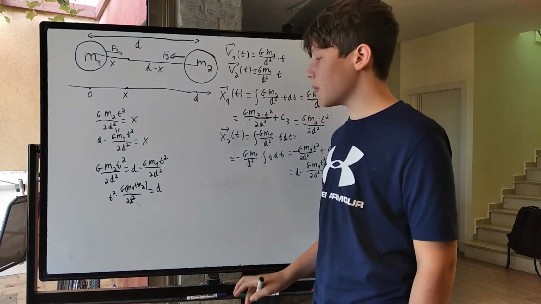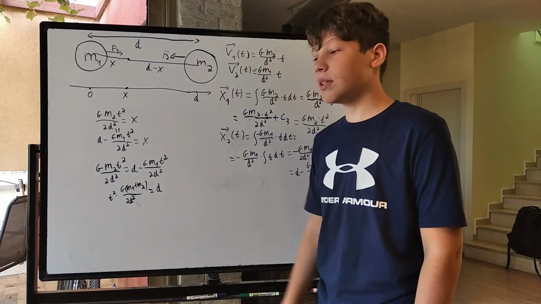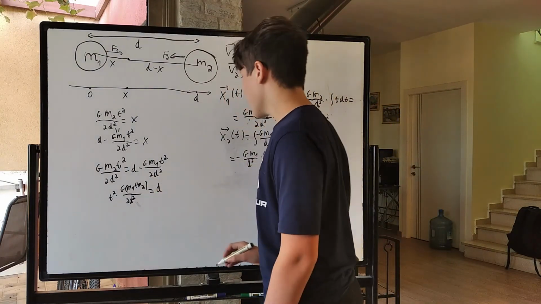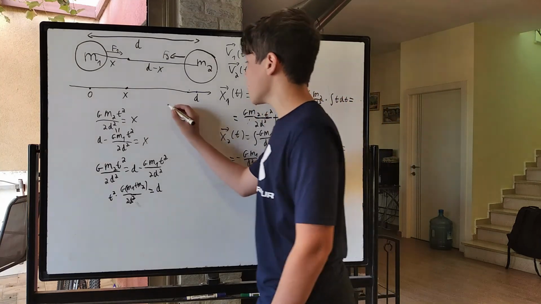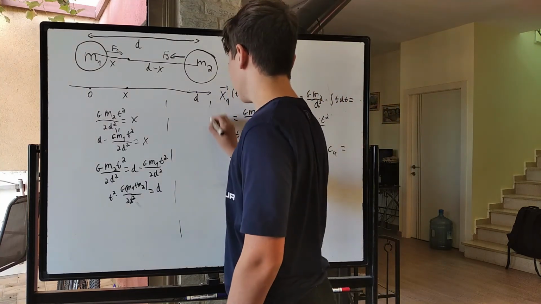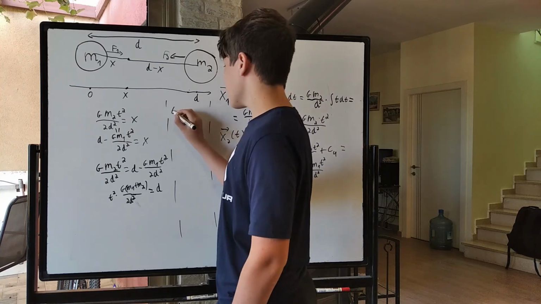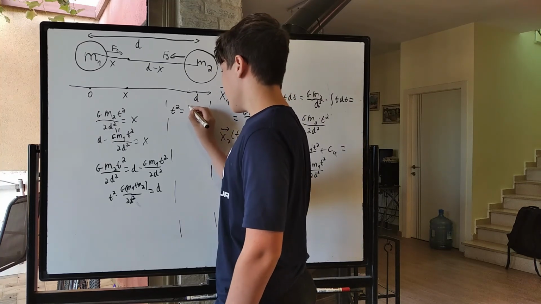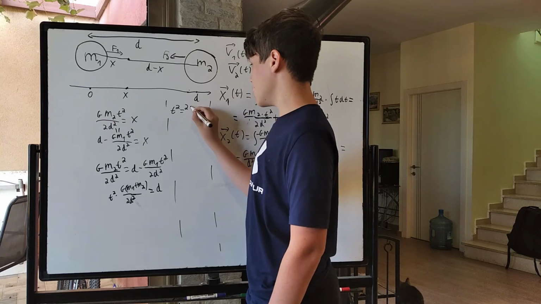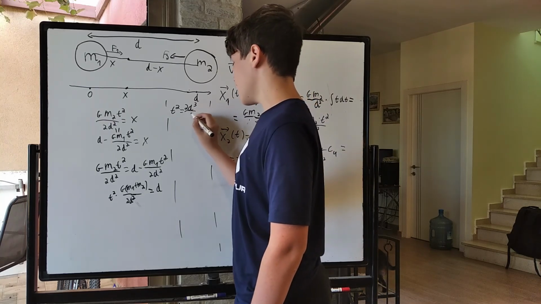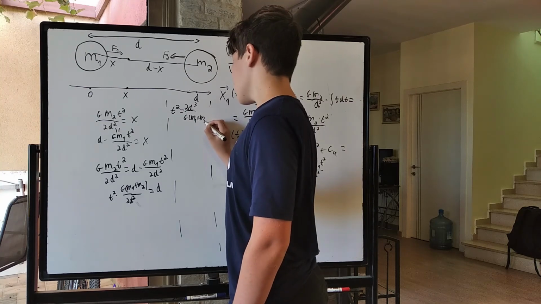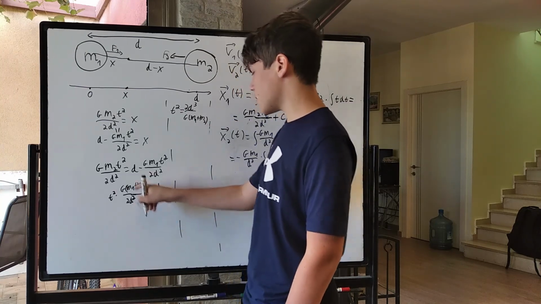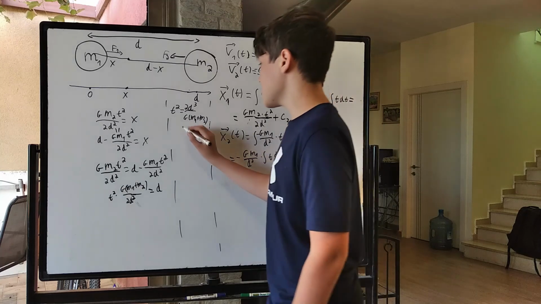Next we're going to multiply by the inverse of this to leave just t squared. So t squared is equal to 2d cubed over g(m1 plus m2). So we multiply by this, divided by this, and we got this.